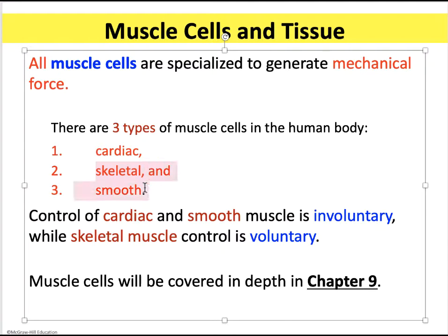Therefore, skeletal muscles and smooth muscles must account for all the other types in the body. 2 out of the 3 are under involuntary control, and the third one is under voluntary control. So voluntary would be conscious control. So by consciously thinking about moving your arm, your skeletal muscles in your shoulder will be activated in a certain set of maneuvers to raise your arm according to your needs.